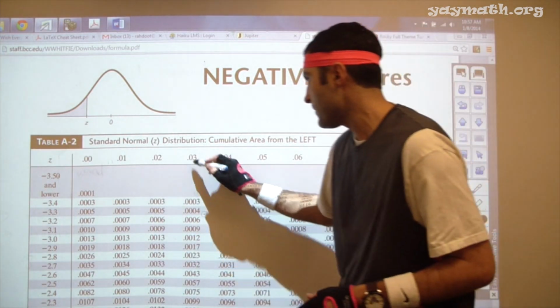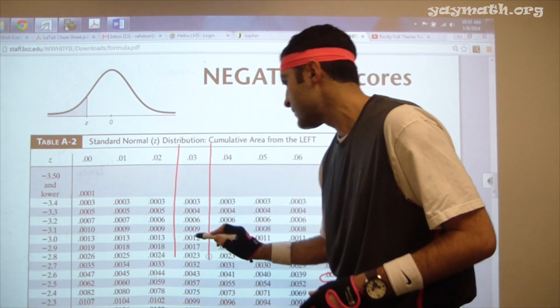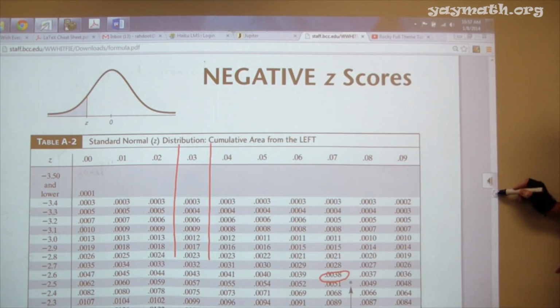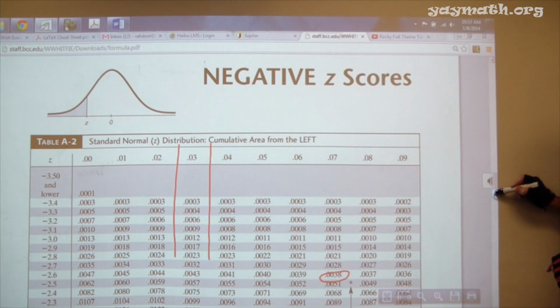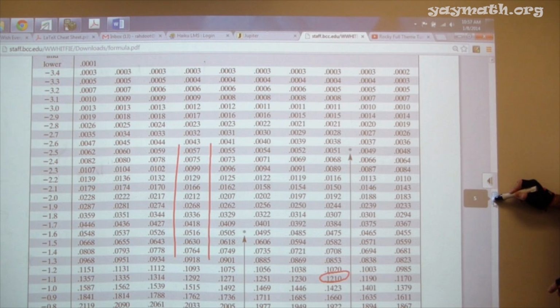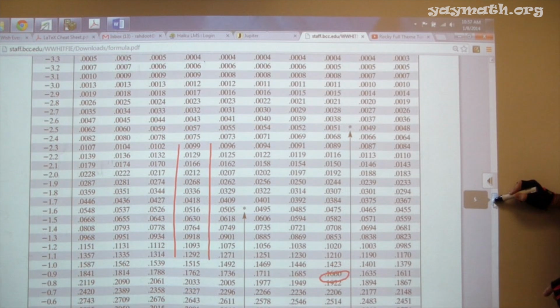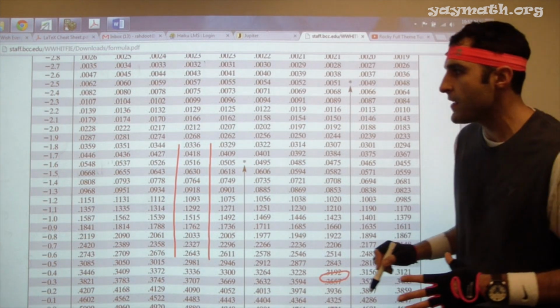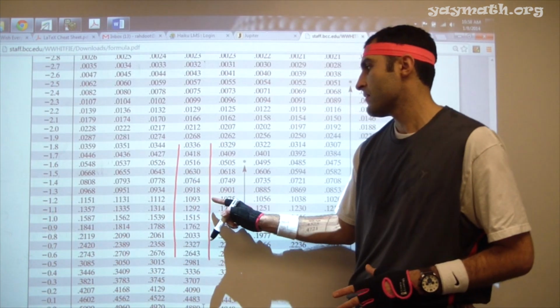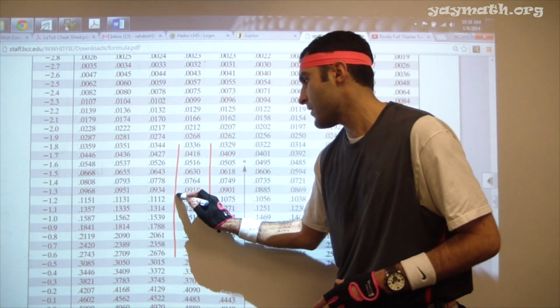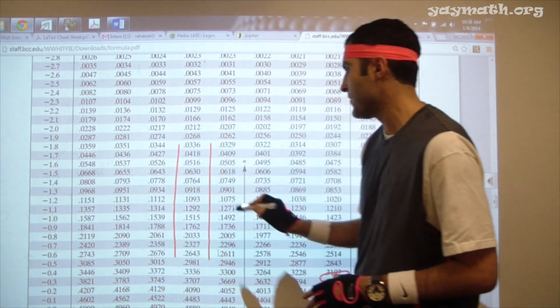So we want this column. That'll help us. Yeah, that's great. Negative 1.23. Do we see it? Yeah. What is the area to the left? It's like 0.109. Yes, here it is. Oh, that happened. Remember when that happens?